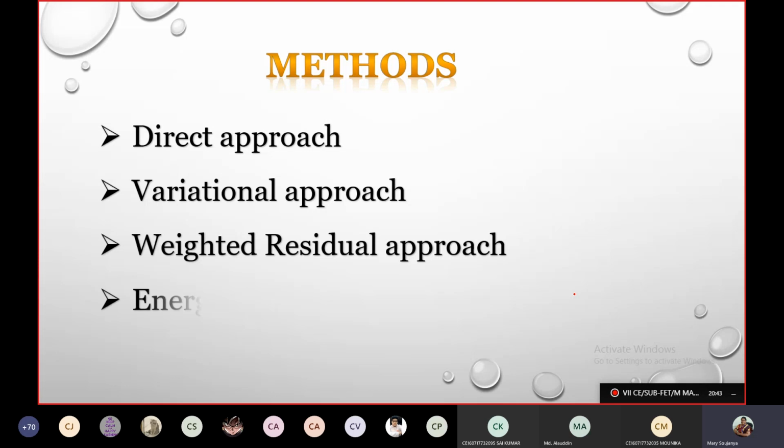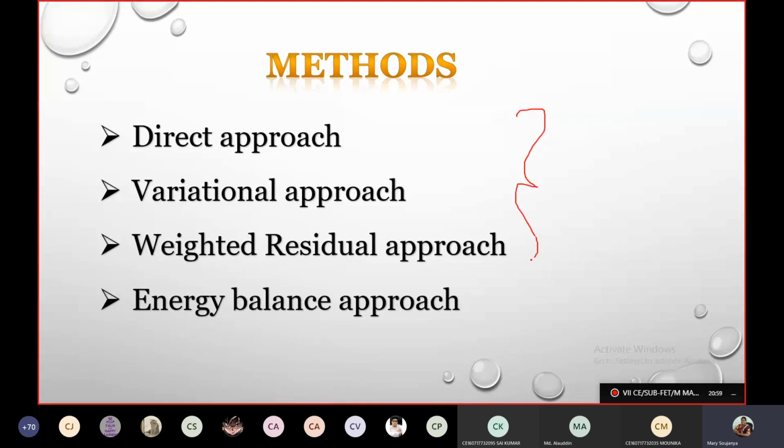The final one we have is the energy balance approach. We are not looking into this at BTech level. At most, we are going to look into these three types of methods only. If extra knowledge is given to you, you'll lose the topic that is required for the class.